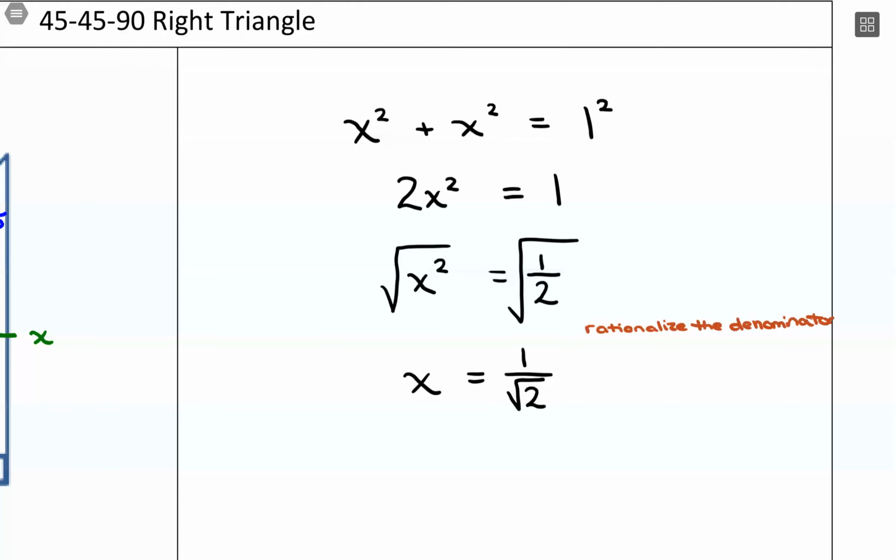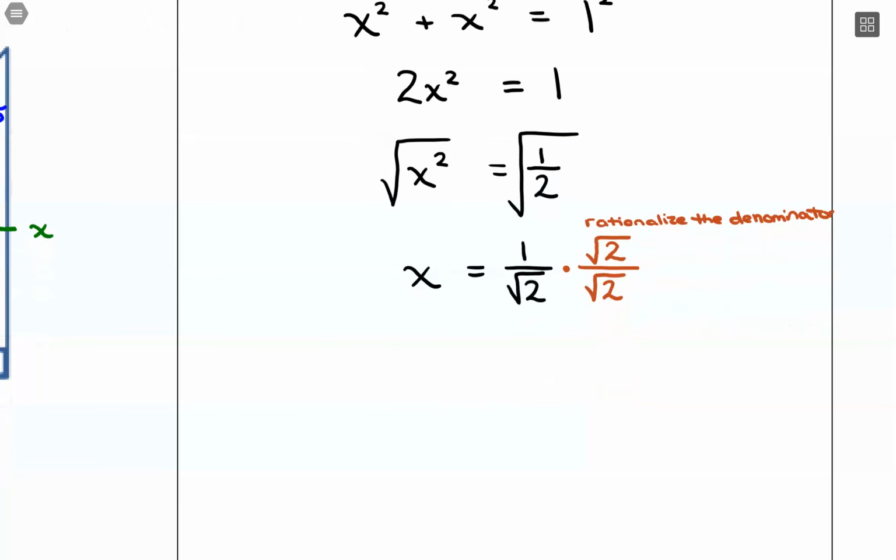Rationalizing the denominator is multiplying by something to get rid of the radical in the denominator. So the idea is if I multiply that denominator by the square root of 2, then I'm just going to get 2 out. But I can't just multiply by any number. I'm simplifying here, so I would need to multiply by a version of 1. So I'm just multiplying by root 2 over 2.